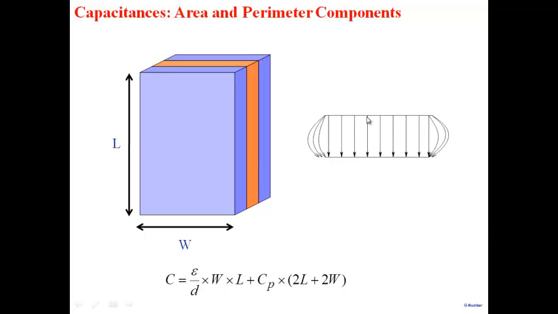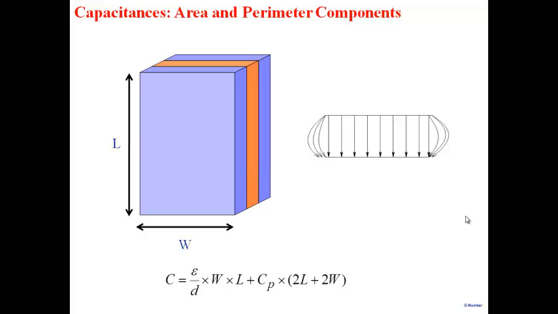One component comes about because of these field lines that you see here, and the other component comes about because of this fringe electric field. The fringe electric field also contributes: if there's an electric field, you know that there'll be a charge here and there'll be a charge here. As you change the voltage, the electric field changes and the charge changes, and therefore you have a capacitance. So this fringe part contributes a capacitance, and then the rest of it, of course, you're well familiar with.